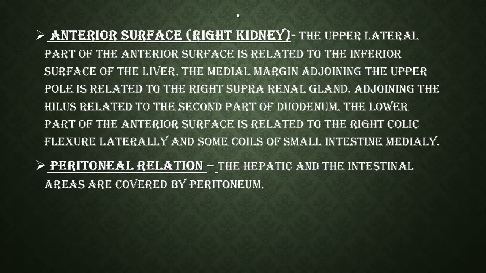Adjoining the hilum, the anterior surface comes into contact with the second part of the duodenum. The lower part of the anterior surface is related to the right colic flexure laterally and to some coils of the small intestine medially. The hepatic and the intestinal areas are covered by the peritoneum of the greater sac.